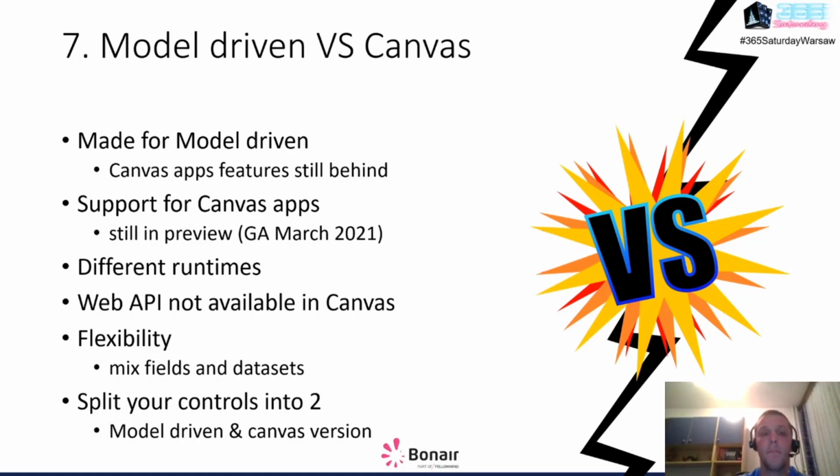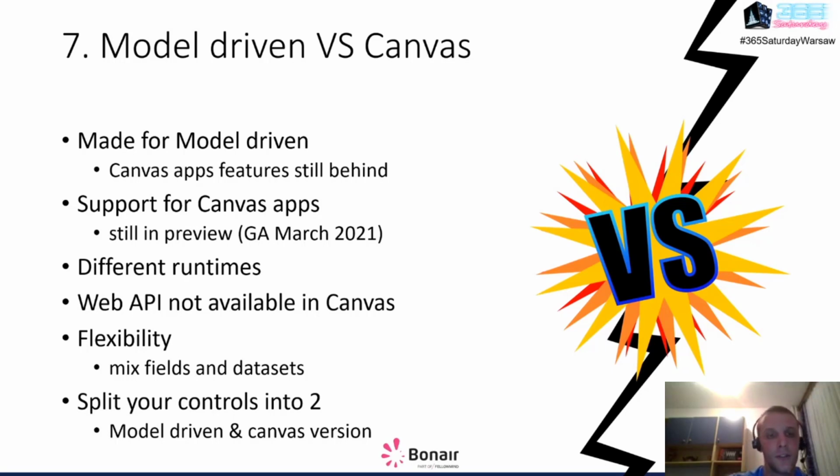Web API is the big part here. It's not available in Canvas apps. I hope it will be available in Canvas apps pretty soon, but still, if you are working, for example, on a control that uses Web API, and you want to make it for both model-driven and Canvas, you really need to develop a big Web API part in your control if you want to make it work in Canvas, and that's a huge thing.